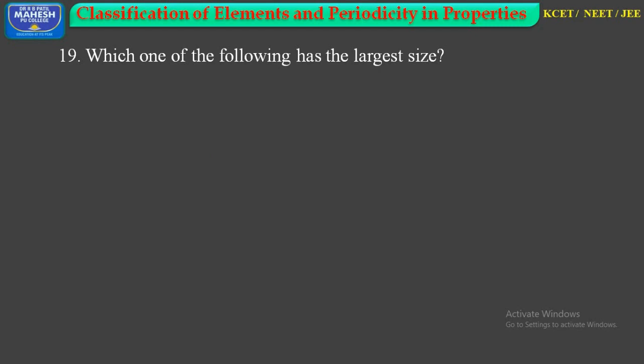Question 19. Which one of the following has the largest size? And the options are option A, sodium anion, option B, sodium atom, option C, sodium cation, and option D, beryllium.